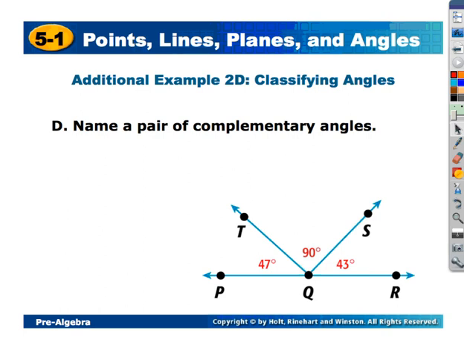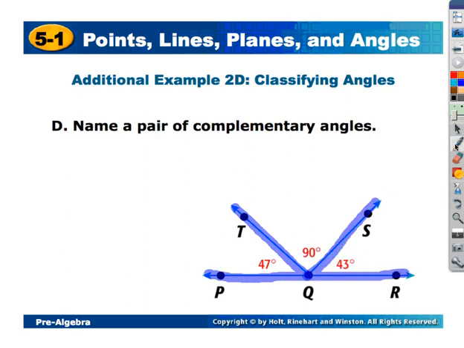So for this example, I'd like you to name a pair of complementary angles. Let's go ahead, pause, see what you can do. All right, there's only one option here. The two angles that sum to 90 degrees are this angle here and this angle here.